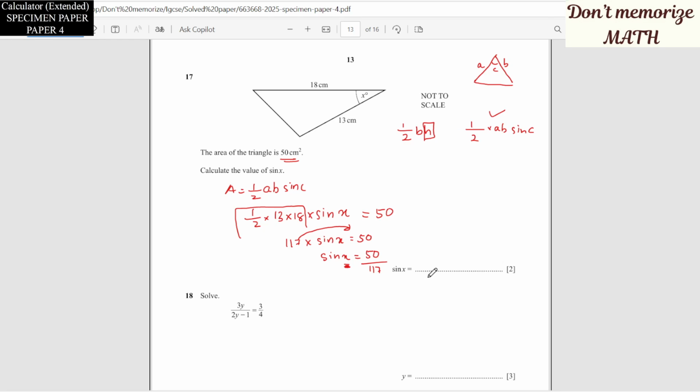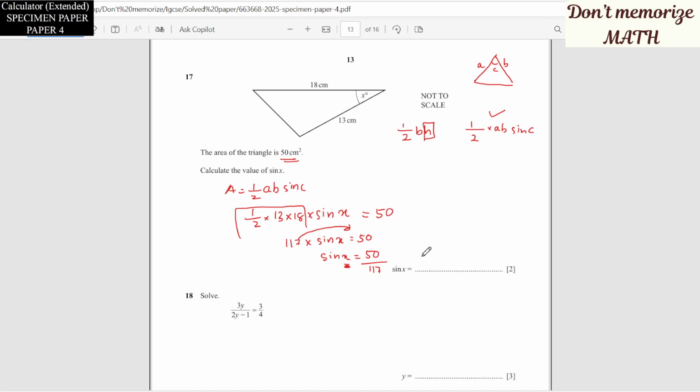So sine x will be 50 over 117. Okay, 50 over 117, or you can write in 3SF also, 0.427. Round and write in 3SF. Otherwise this answer is also fine because it is a normal fraction, right?